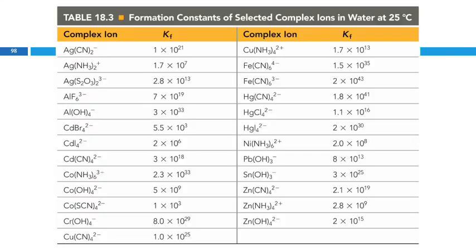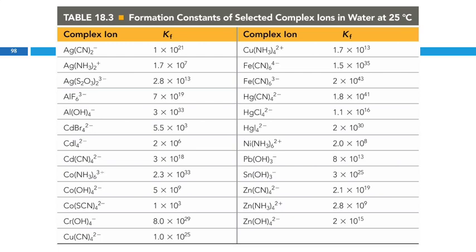So formation constants are another thing that can be looked up. This is from chapter 18 in your book. I think there's another more extensive table in one of the appendices. Here we've got a whole bunch of different kinds of complex ions.